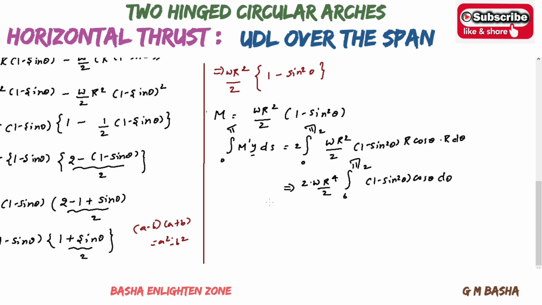Here cancel the possible terms, whatever is possible to cancel: the 2 cancels, that is W r power 4, integral 0 to pi by 2 of (1 minus sin square theta) cos theta d theta.